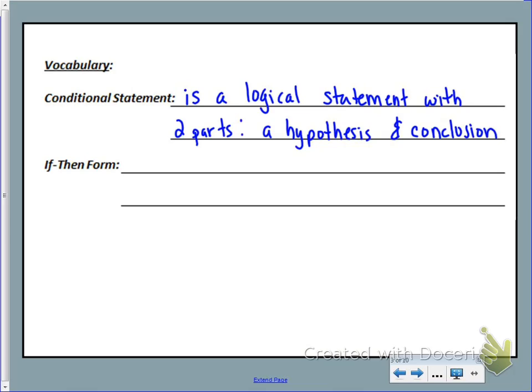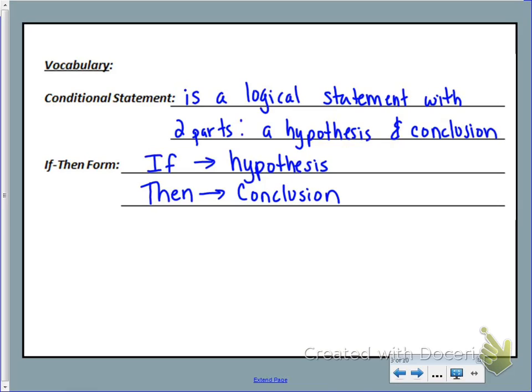So essentially it's just a statement that we begin with the if, and the if is really just going to be the hypothesis, or the setup of the situation, and then the second part is the then. And the then is the conclusion that we can make based upon what happened in the hypothesis. So you're going to find this year that your theorems, your definitions, much of what we work with is going to be set up in if-then form.